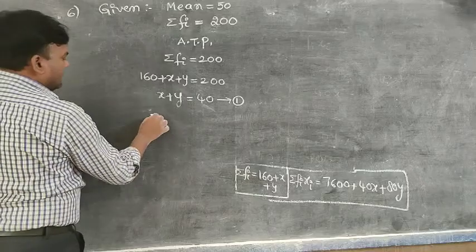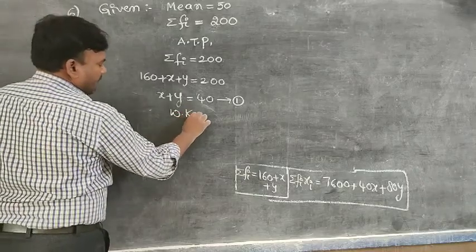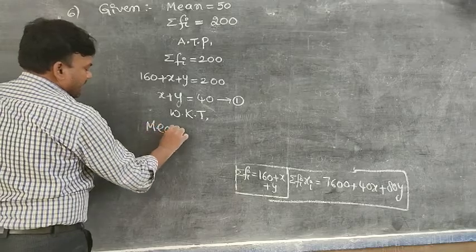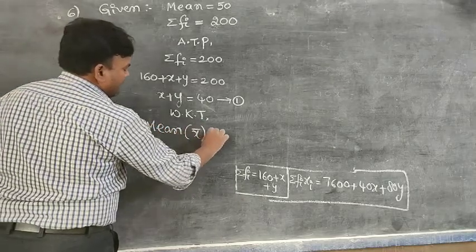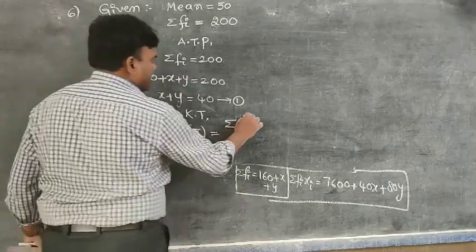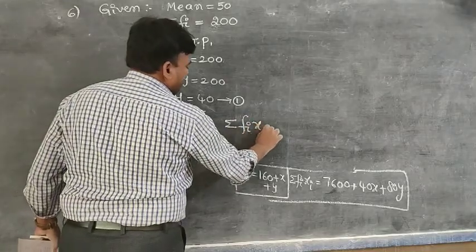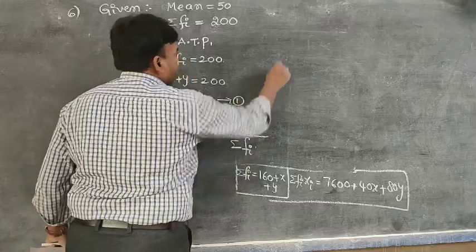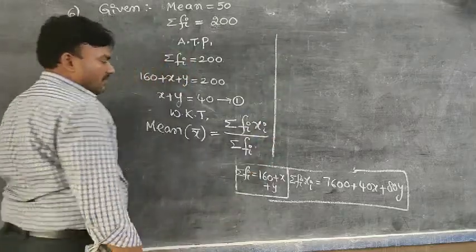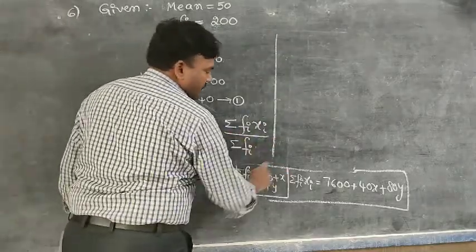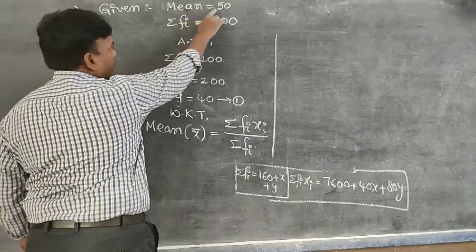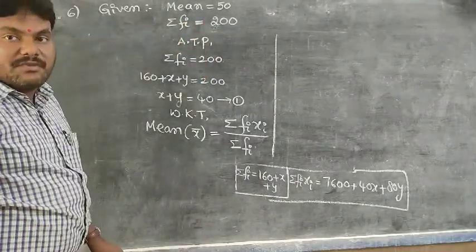We know that mean x bar equal to summation Fi xi by summation Fi. Here the mean, according to the problem, is also given, that is 50.